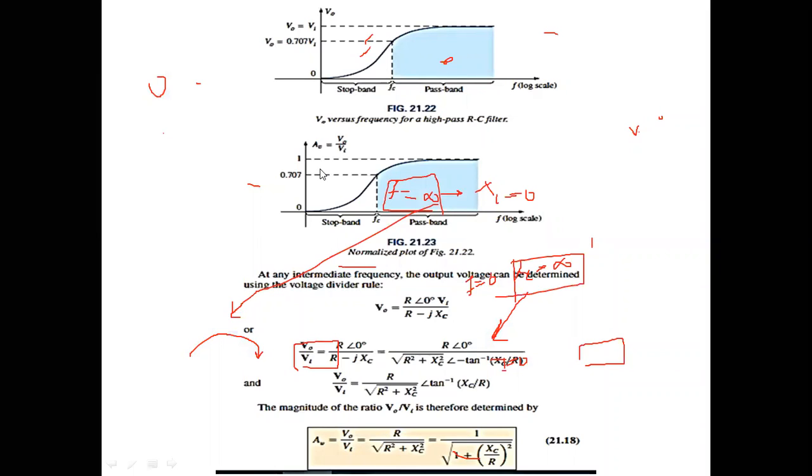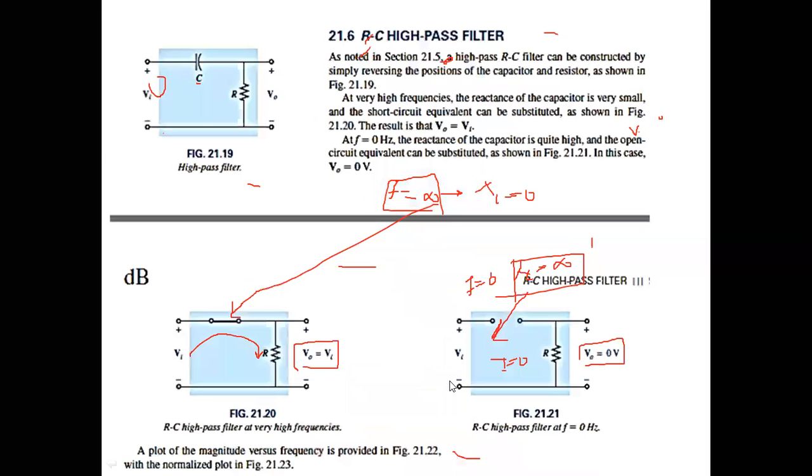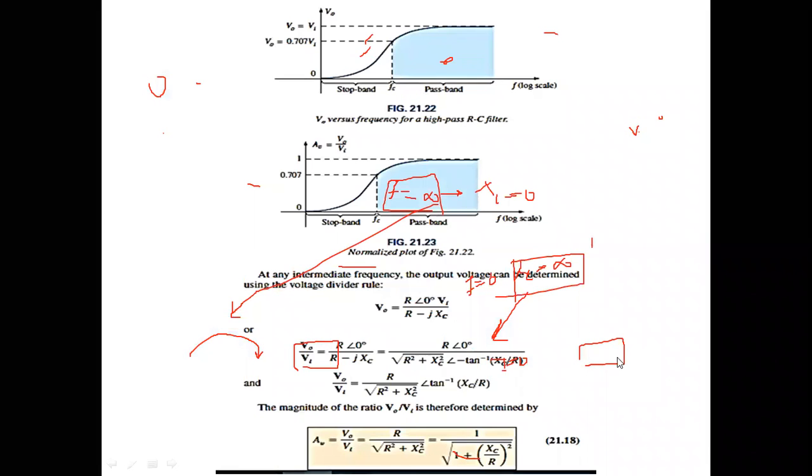Now the normalized gain Av is equal to V naught divided by Vi. For the low frequencies, V naught is equal to 0, so 0 divided by Vi is equal to 0.